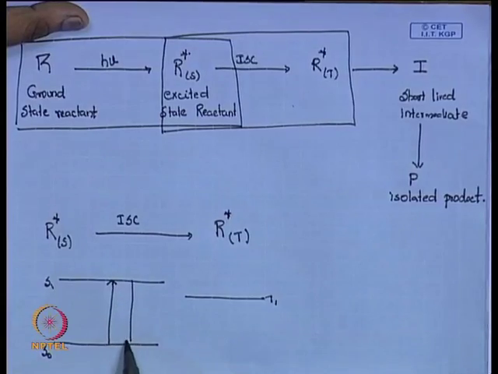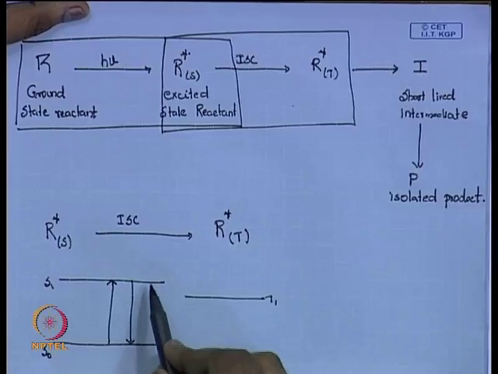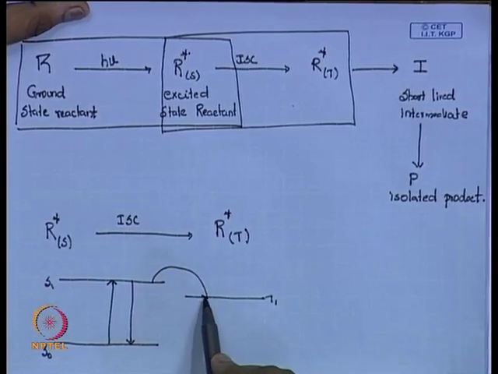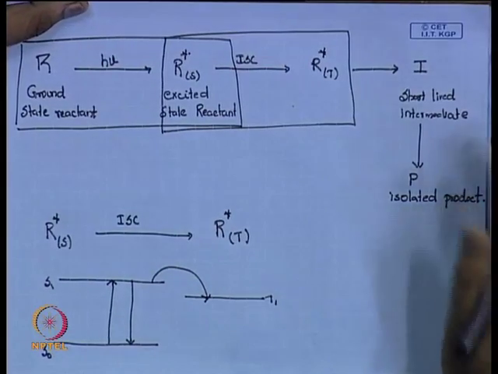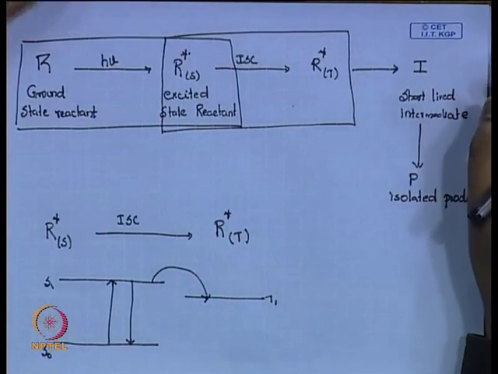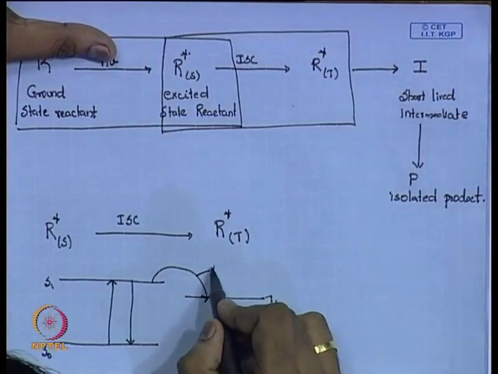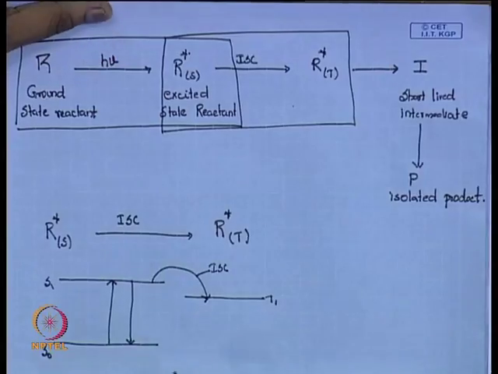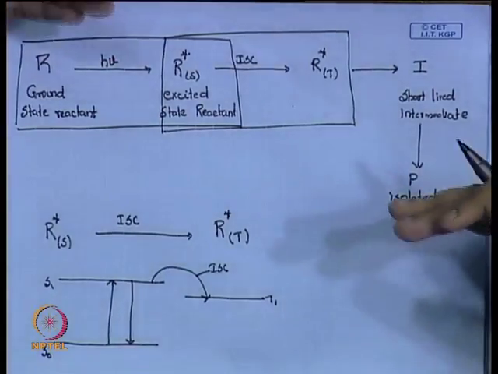It can come from S1 to S0, or it can do an intersystem crossing to your T1. Basically, the intersystem crossing depends upon the energy gap of your singlet and triplet. It is one of the factors.